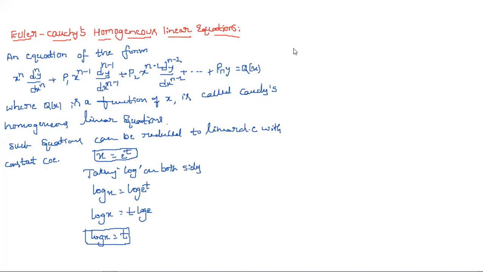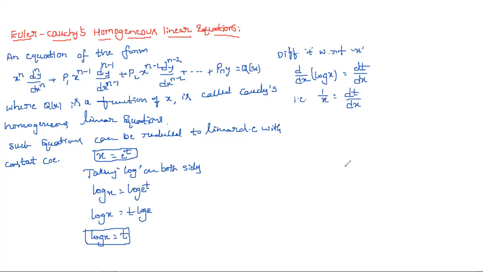Before that, we first calculate by differentiating t with respect to x. d/dx of log x is equal to dt/dx, so the derivative of log x is 1/x, which is equal to dt/dx.